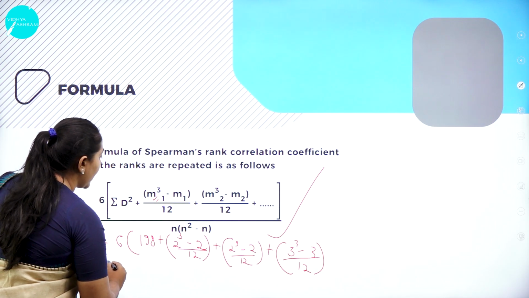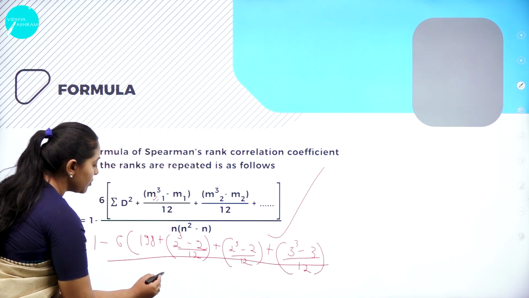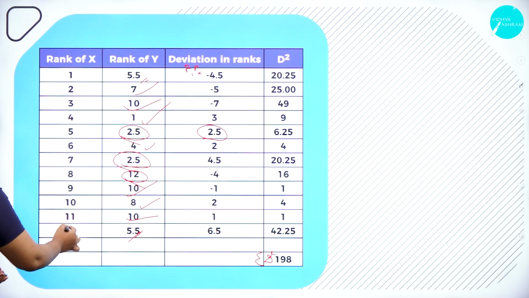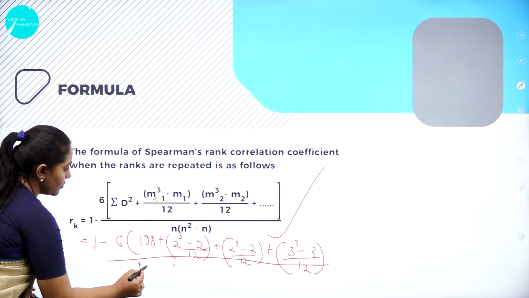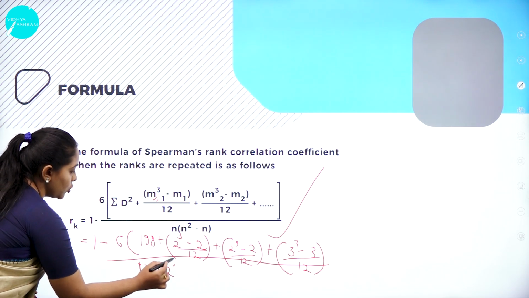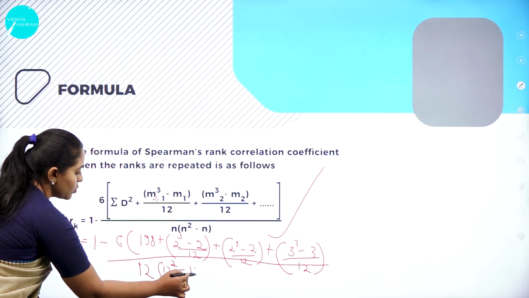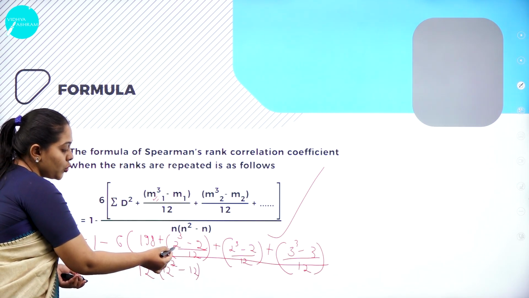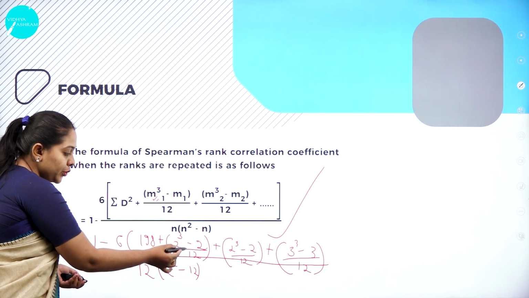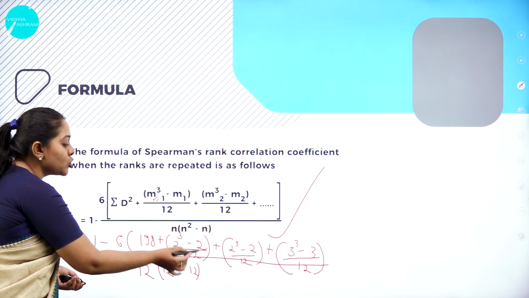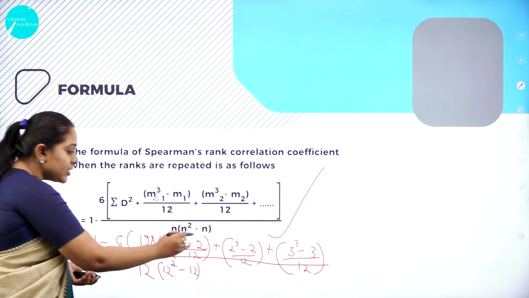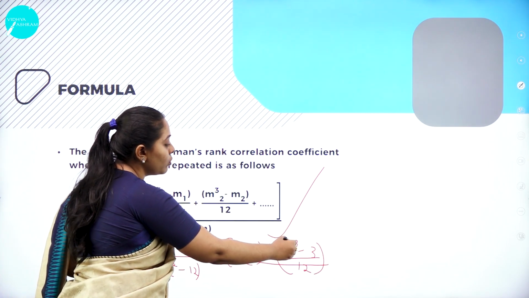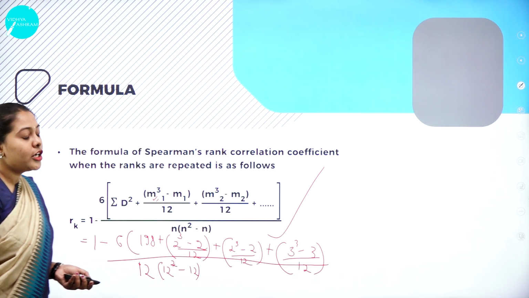So this is how you calculate. And the number of observations is 1 to 12, so 12 square minus 12, you can write this as 12 cube also. First take up the roots: 2 cube minus 2 divided by 12, next 2 cube minus 2 divided by 12, again next 3 cube minus 3 divided by 12.